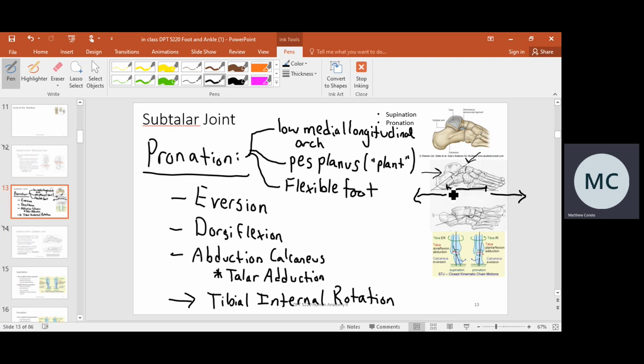So would you expect a structure that's coming back to its natural resting position to hurt? Probably not. It's probably the intrinsic muscles in the plantar surface of the foot, not necessarily the plantar fascia. But here's your problem, and Ashley made a great point. What's the referral going to say? Plantar fasciitis.